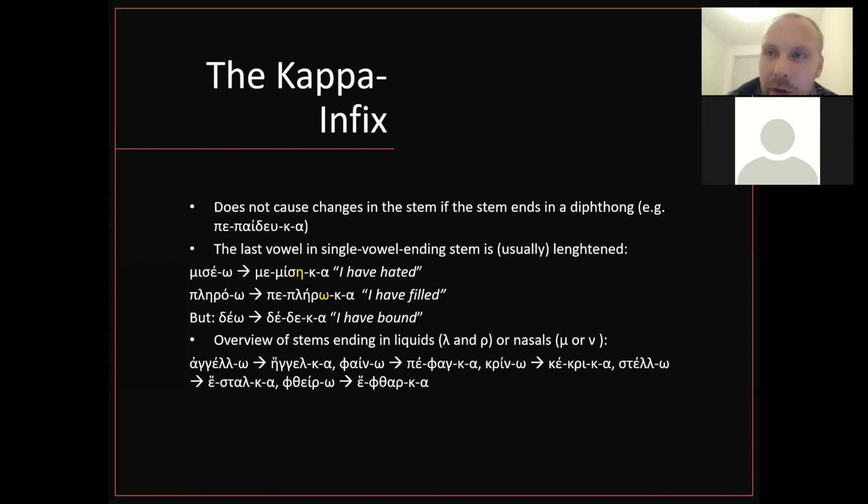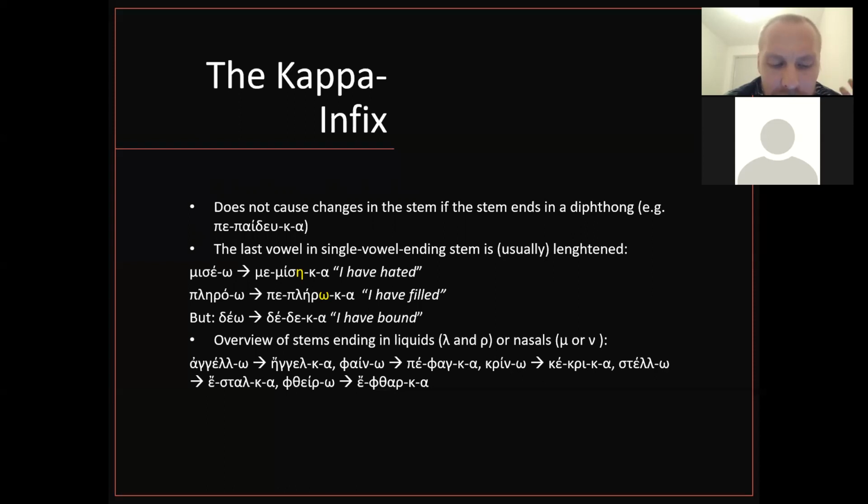So much for the perfect reduplication. If we turn to the Kappa Infix, which, as I said, is a specific characteristic of active perfects of the perfect one type, we may note too that its insertion may cause some changes in the verb stem.